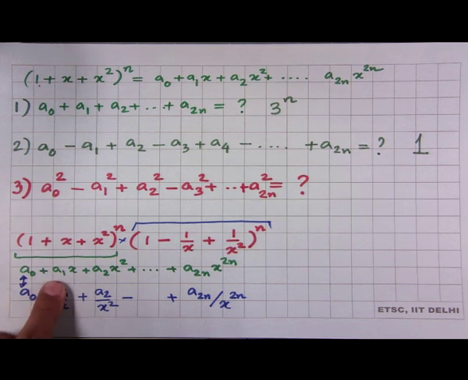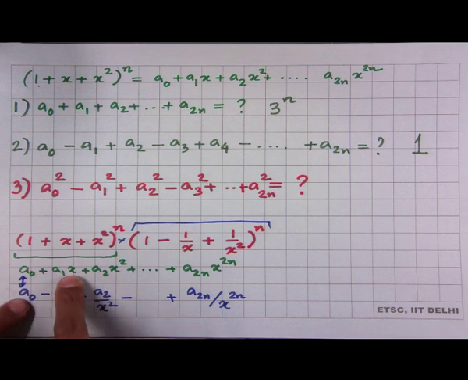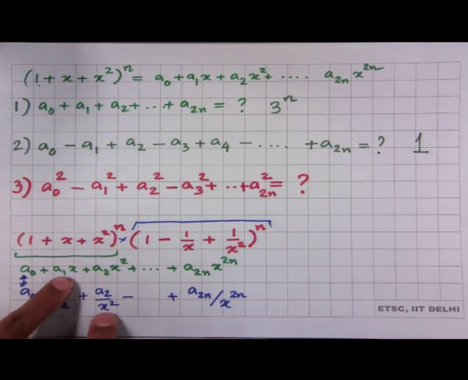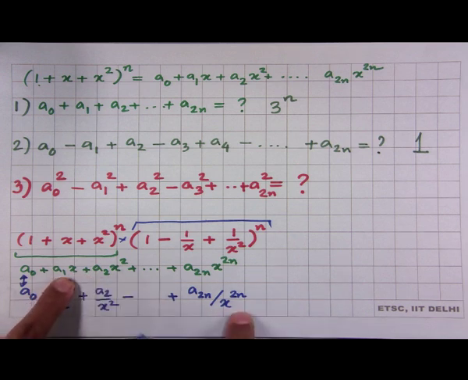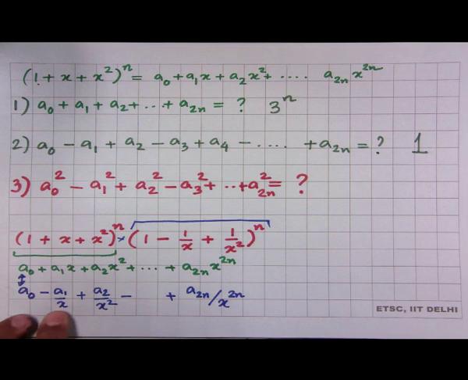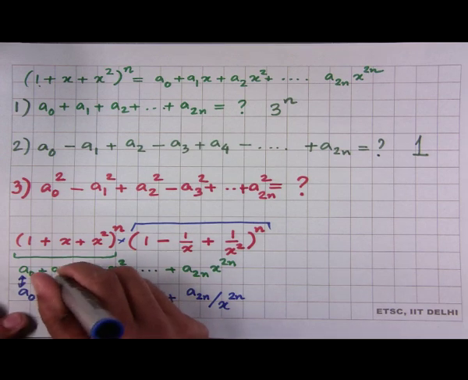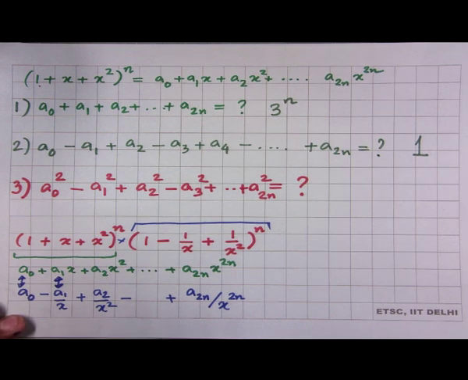Okay. a1 x, if you multiply a1 x with a naught, you have got x. If you multiply a1 x with a2 by x squared, you are ending up with 1 by x. Any other term you will still have an x inside. The only situation where a1 x will multiply with something and you will not get an x is if you multiply with minus a1 by x. So, you multiply these two, right, that will give you minus a1 squared.